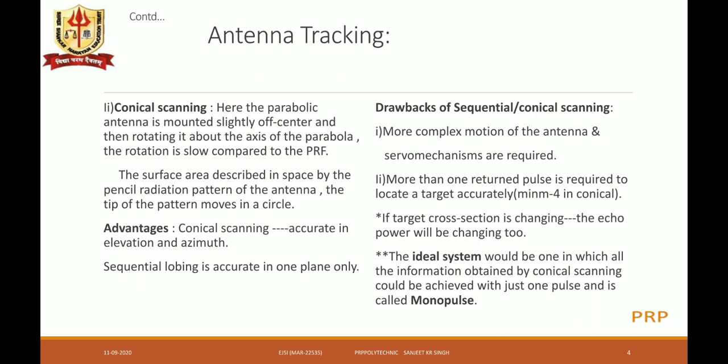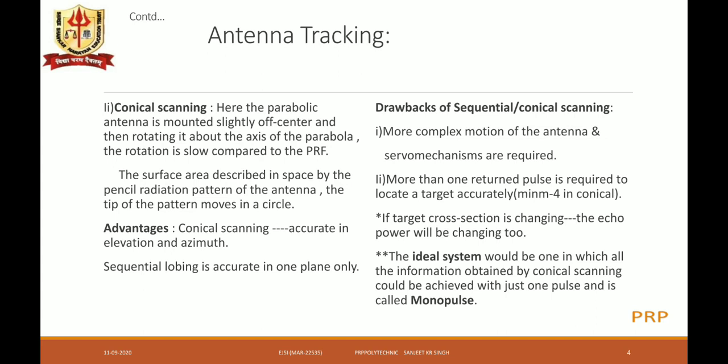is PRF. So the surface area described in space by the pencil radiation pattern of the antenna, the tip of the pattern, moves in a circle. So the area described is conical with respect to the position of the antenna, and the area described by it is circular at a certain distance.